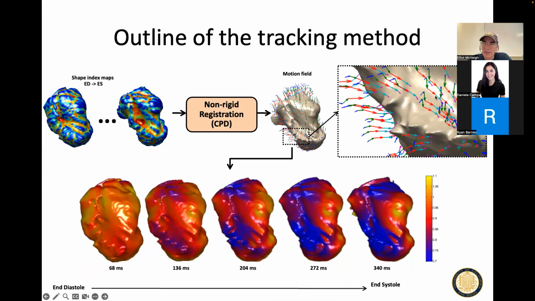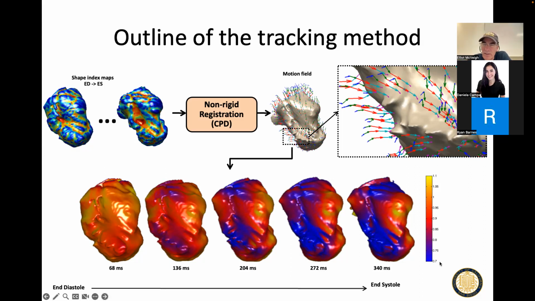And then, in a patch, you calculate, what's the divergence? What's the strain of that cloud? Are the points coming together? Are they getting stretched apart? And color code that. So this is a color coding of that displacement field, and essentially the change in surface area of the point cloud.